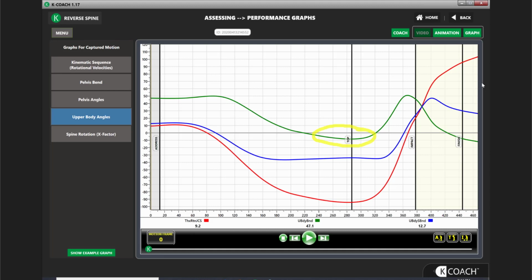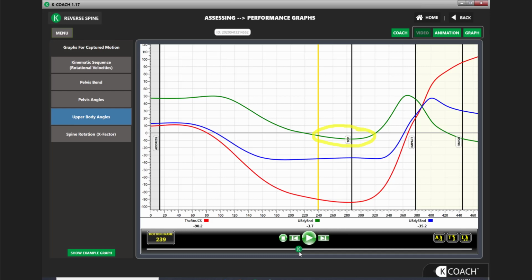As I measure and look at reverse spine angle, I do it all relative around 90-ish degrees of rotation. So when a player is at 90 degrees of rotation, if they are in negative bend or extension, this particular player is in almost 4 degrees of extension at that point in time, I'm going to be aware of this potentially for reverse spine angle.